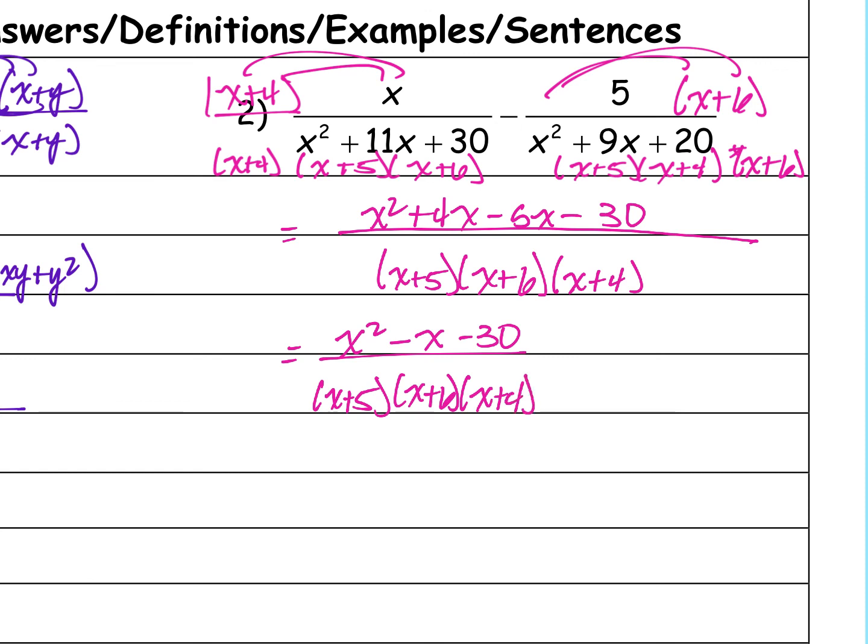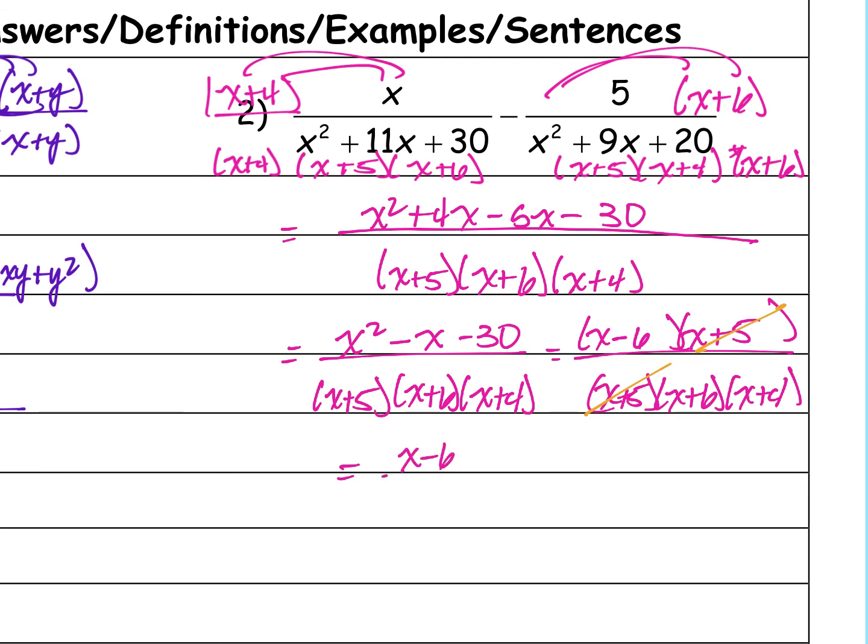So sorry. I think this factors to x minus 6 and x plus 5. So the plus 5s go away. So my answer is x minus 6 all over x plus 6, x plus 4. Done.